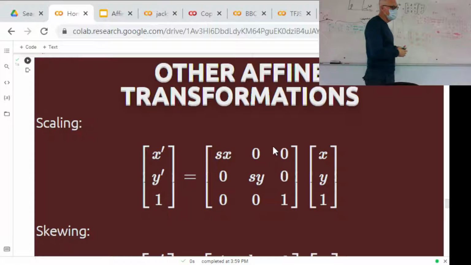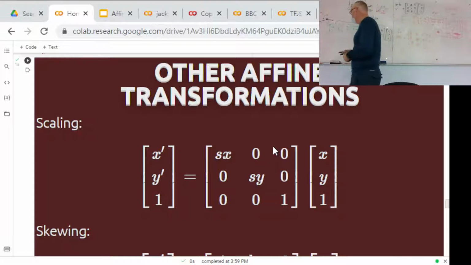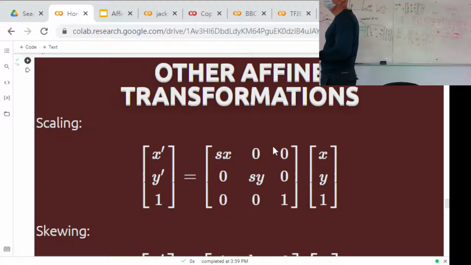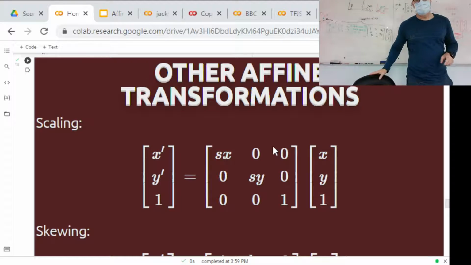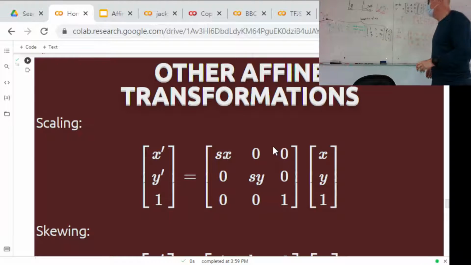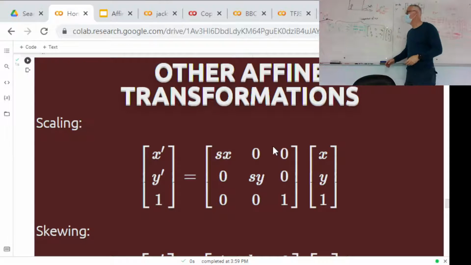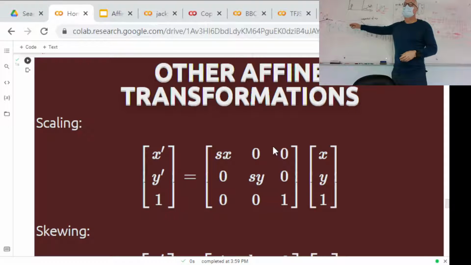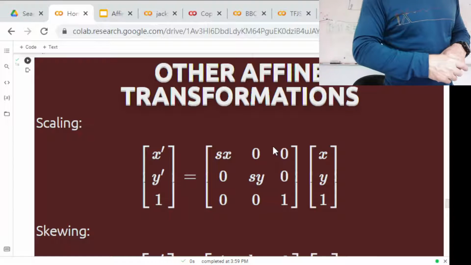But remember, we're always using homogeneous coordinates, which means that in 2D we're dealing with a 3 by 3 matrix, not a 2 by 2 matrix. And in 3D we're dealing with a 4 by 4 matrix. And of course I can combine anything here I want. I can rotate around the point, scale it, skew it, either in the x or the y direction.